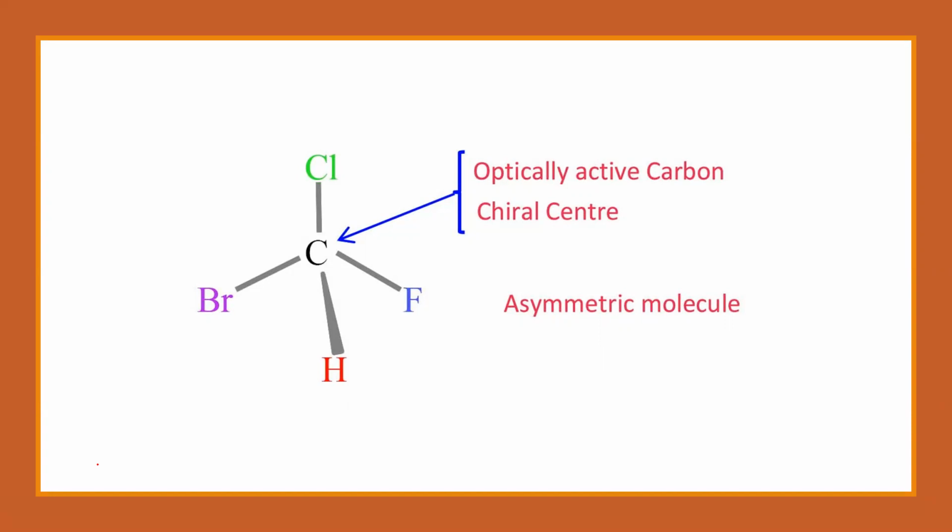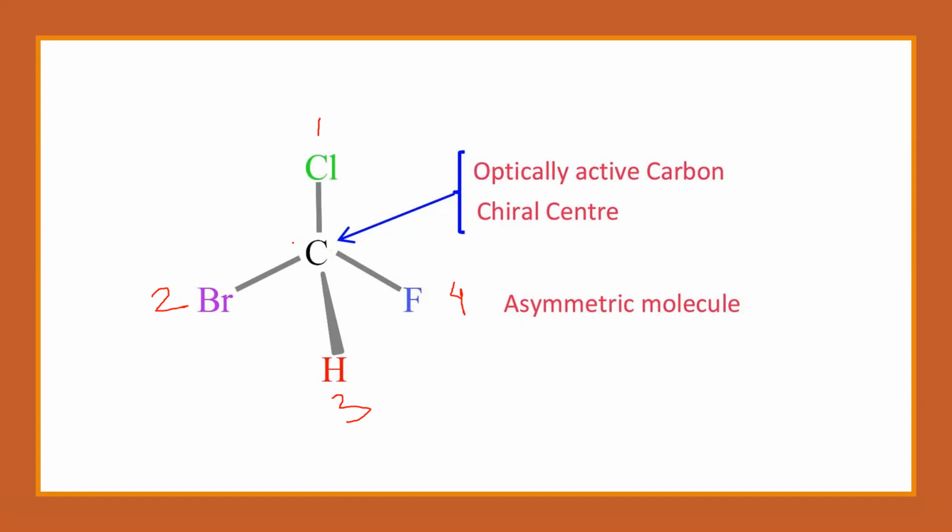Clear? Now, carbon here, is it bonded to 4 different atoms or groups? Let's check. First one is chlorine, second one is bromine, third one is hydrogen, and fourth one is fluorine. Yes, so this carbon is bonded to 4 different groups. Since it is bonded to 4 different groups, we call this carbon a chiral carbon.